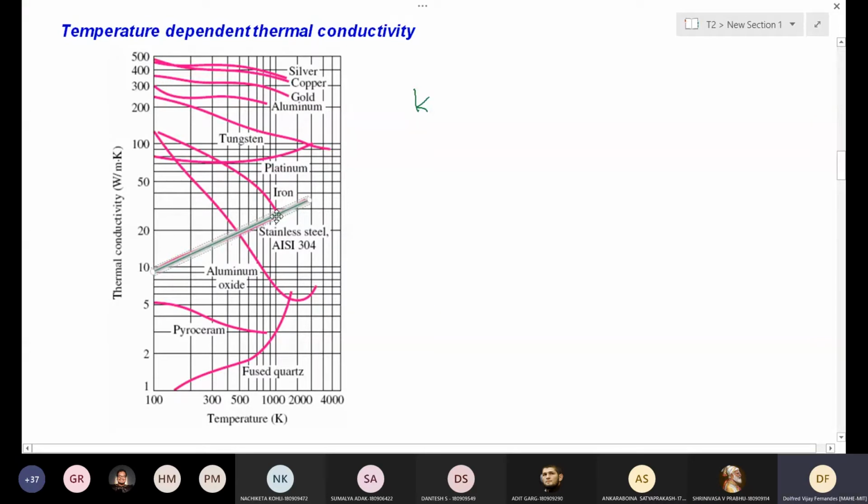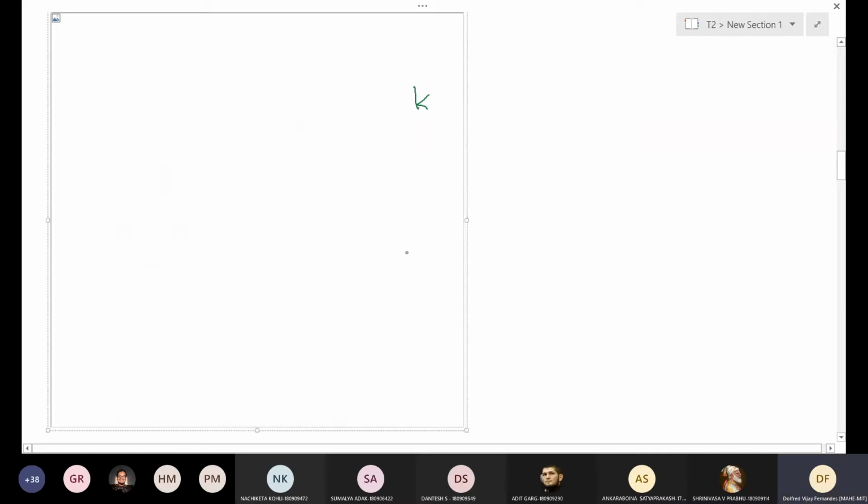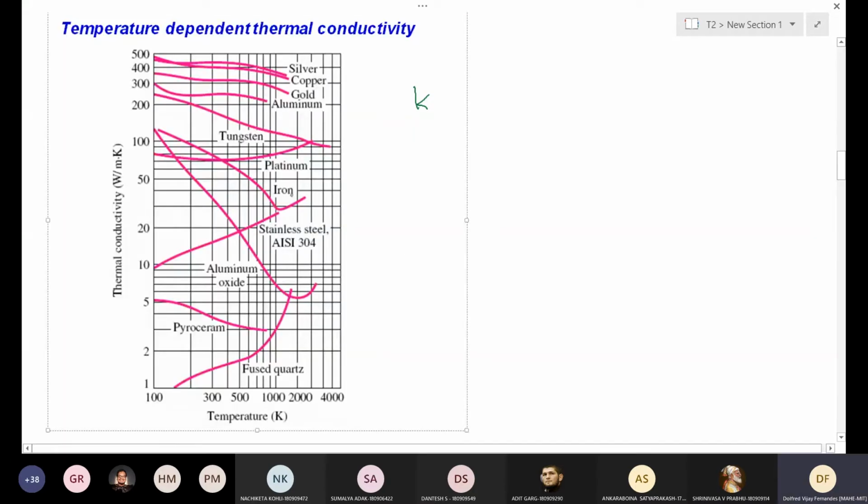But the problem here again is you cannot clearly tell because it's a log graph. That is the problem. But if we have a small range of temperature, then we can make the approximation.